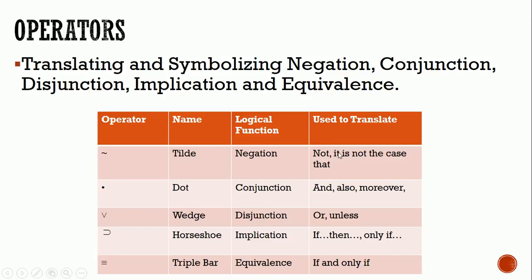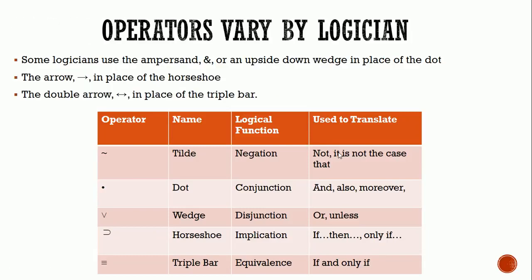All right. Let's go through these slowly. I should just mention that some logicians use the ampersand or an upside down wedge in place of the dot, and some use an arrow in place of the horseshoe or the double arrow in place of the triple bar.